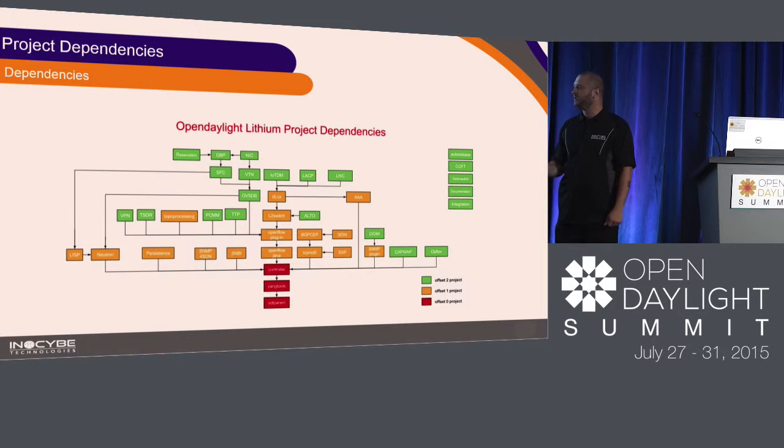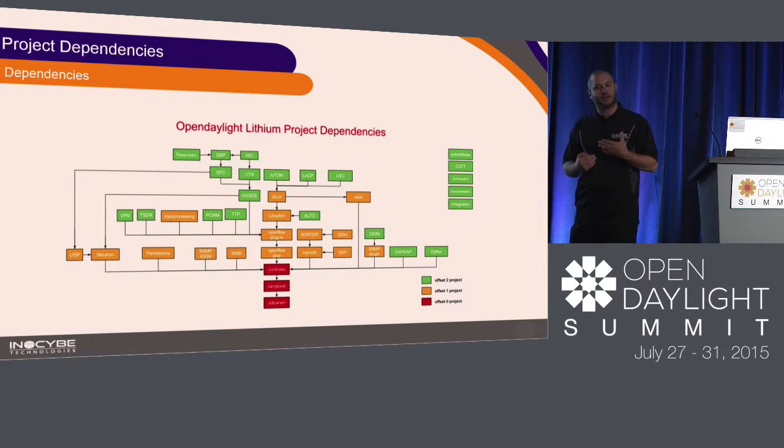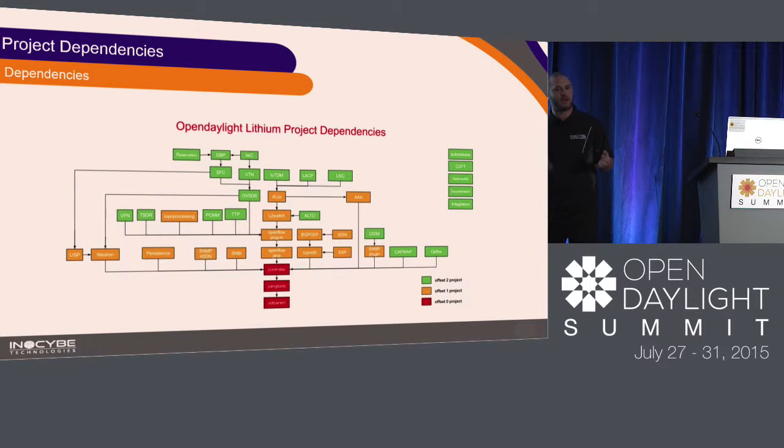Of course, you have the offset system that was introduced in Helium, which helps understand and manage which projects are a little more important than the other ones. But if you're not familiar, or if you're not a day-to-day OpenDaylight developer, then you probably won't know the difference between an offset 0, an offset 1 or an offset 2.